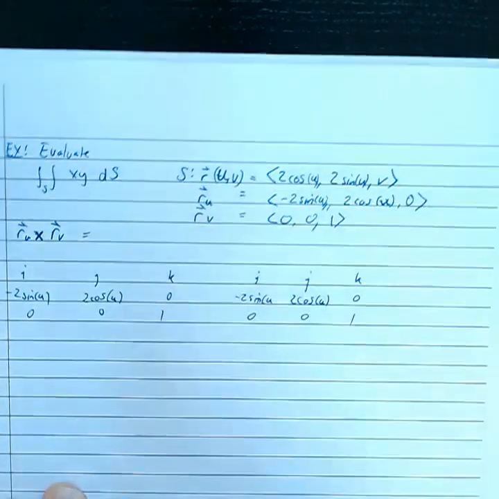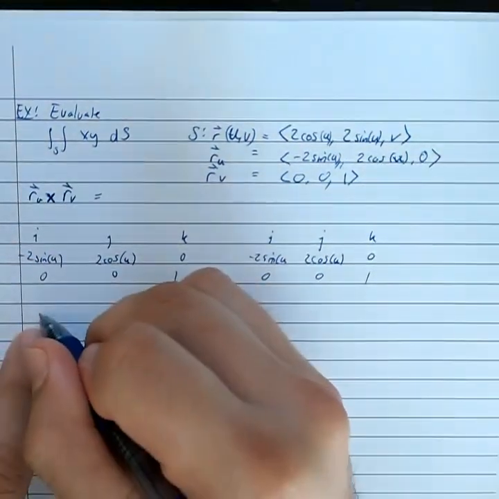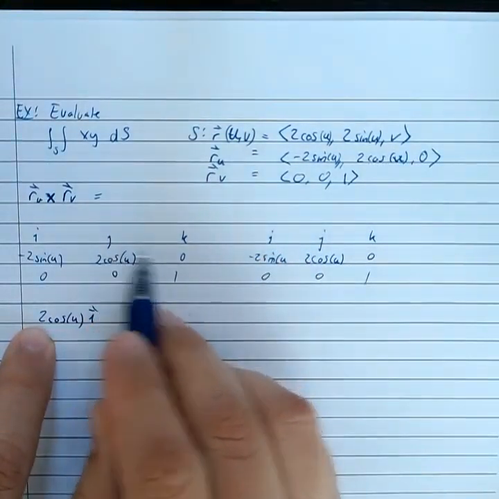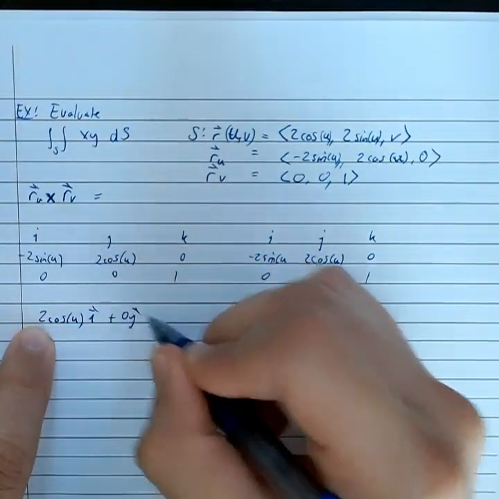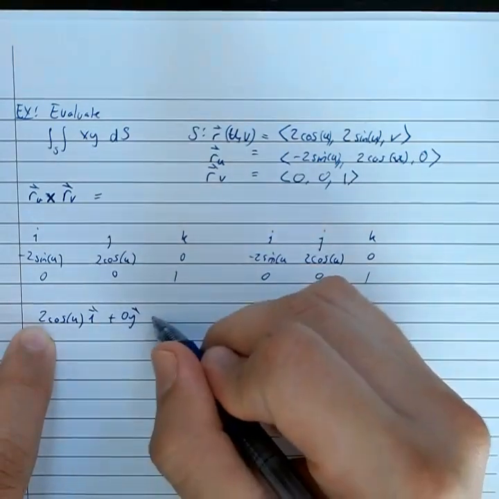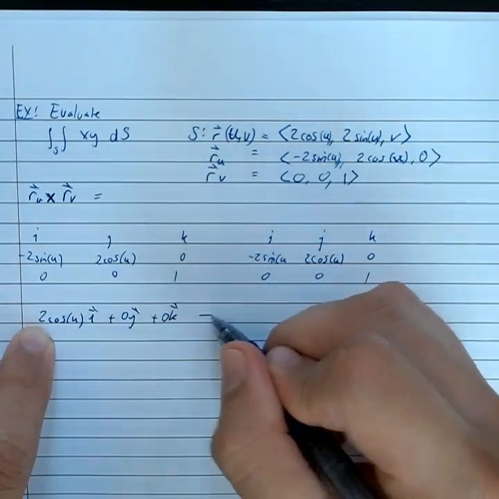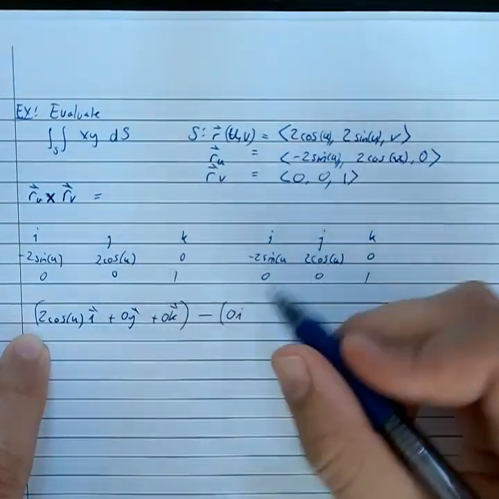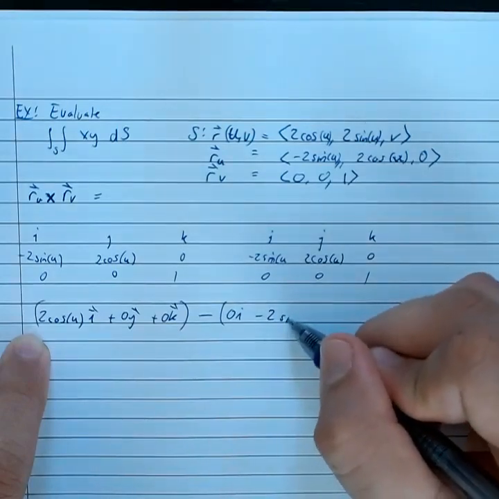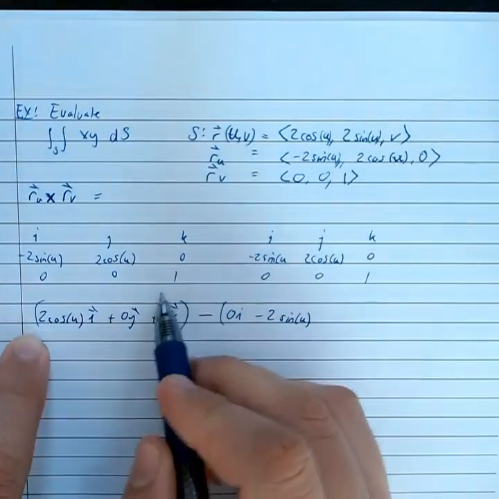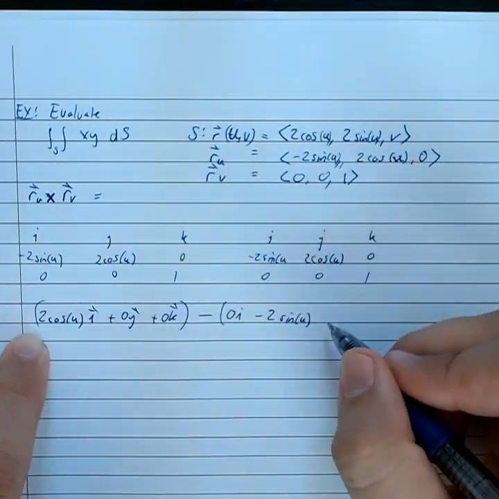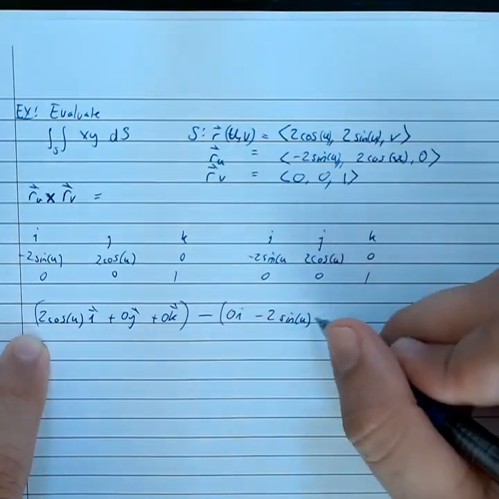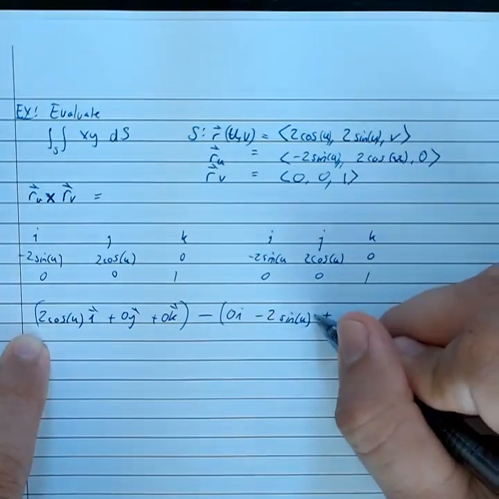So that's going to be 2 cosine of u, i. That's going to be 0, j. And that's going to be 0, k. Minus, that's going to be 0, i. That one's going to be negative 2 sine of u. And then that one's going to be 0 as well. So 0, k.